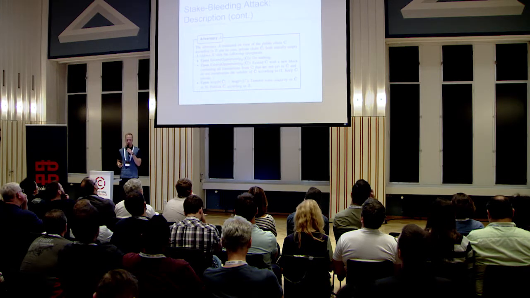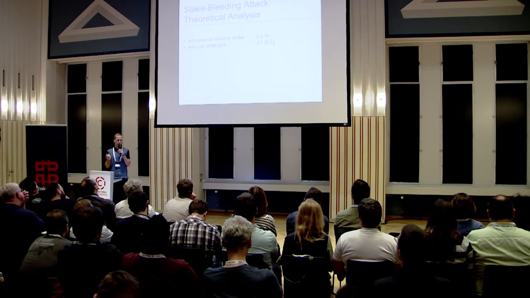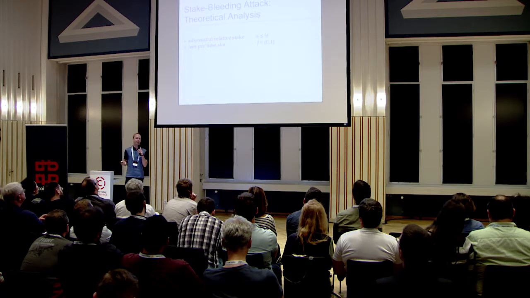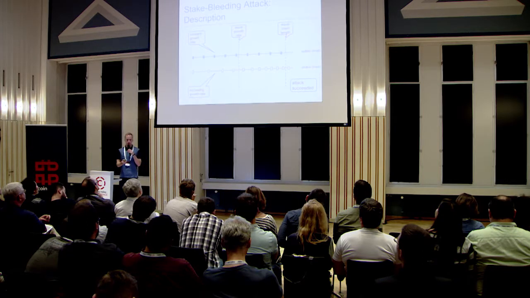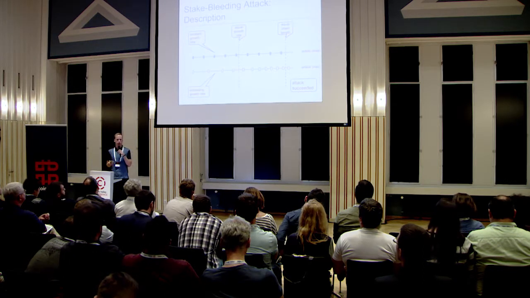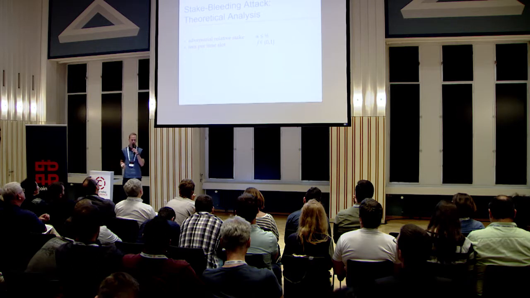Okay, so this is just a description of the attack from the paper. Now one can think about the attack, as we describe it here, eventually just succeeds. But the question is what eventually means.